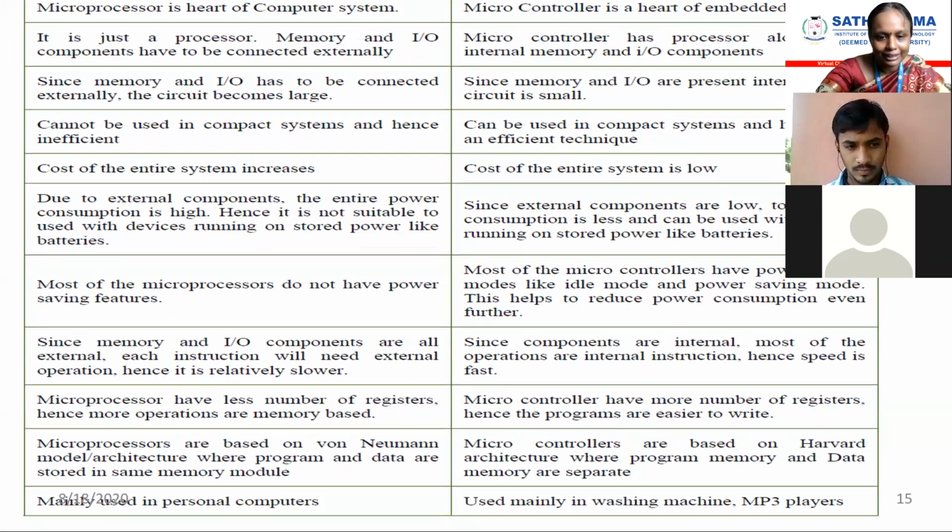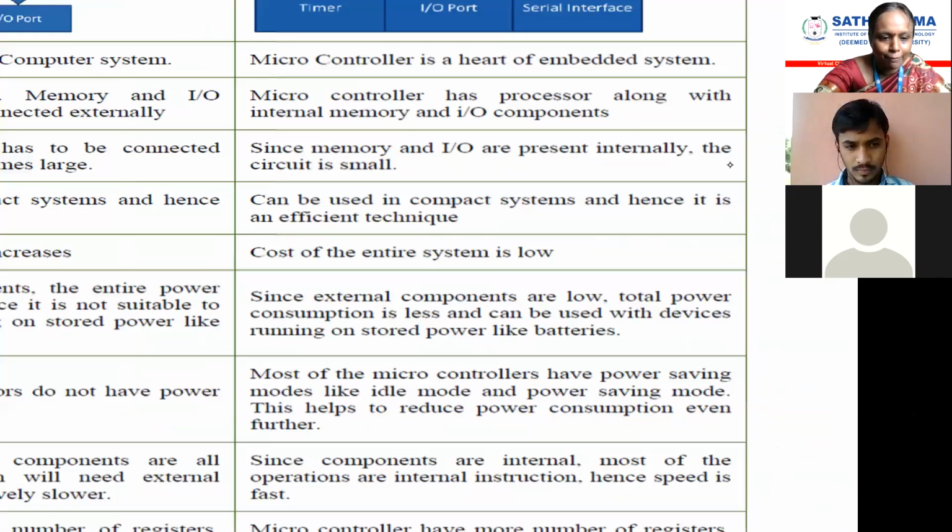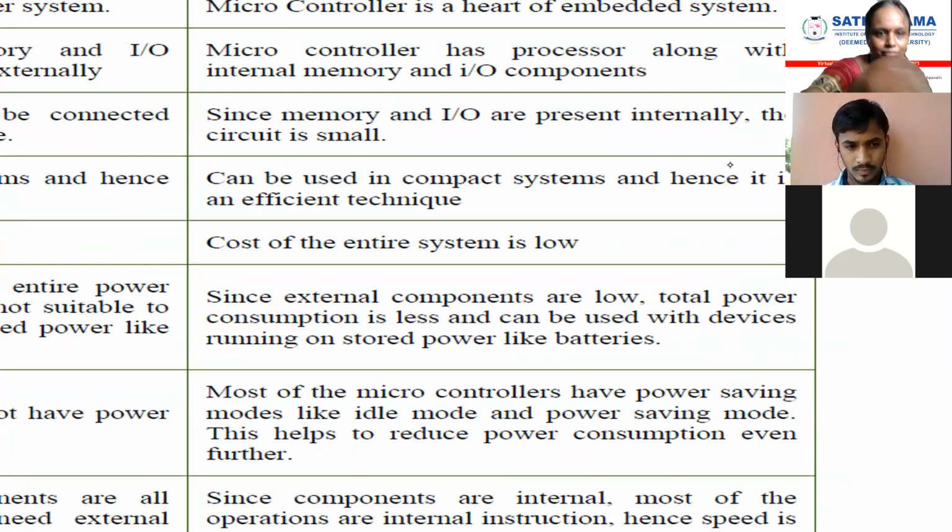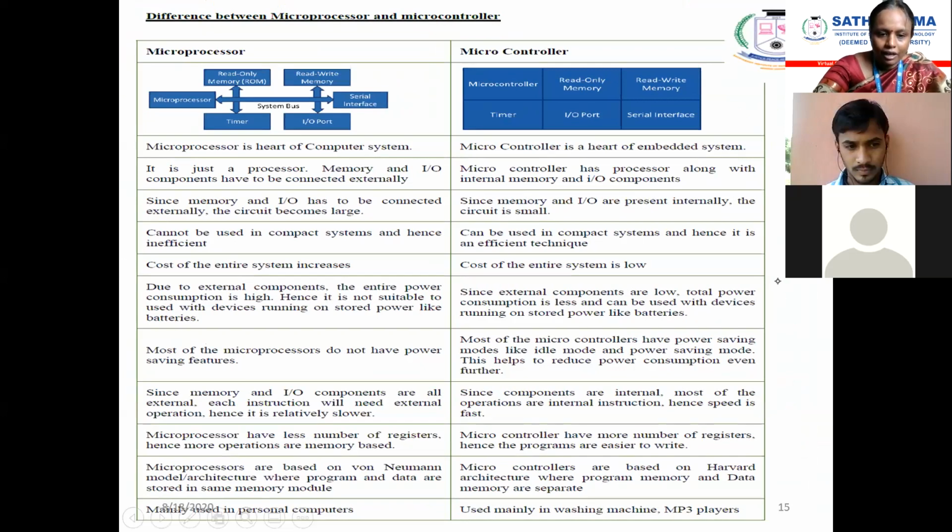Then the next point they have specified: since memory and IO components are all external, again they are repeating the same points, but here the speed will be very low. They are saying that if I connect external components to a microprocessor, the cost will be very high, and every time I connect I can't save the power.